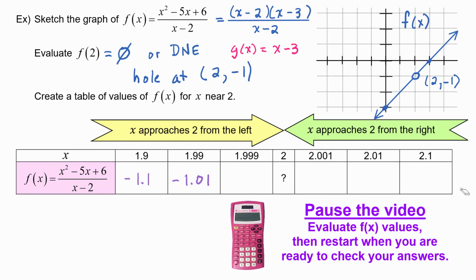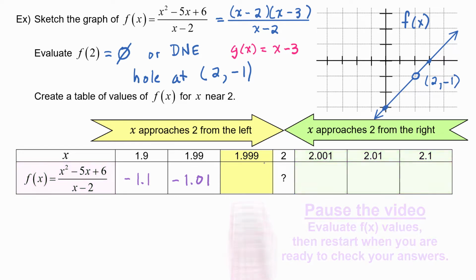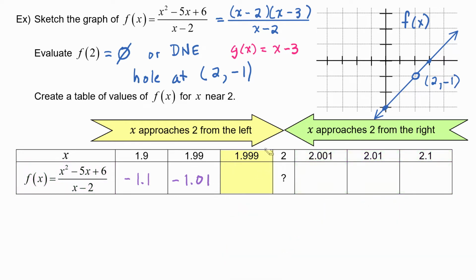Now pause the video, go ahead and evaluate these other four f of x values, then restart the video when you're ready to check your answers. When we plug x equals 1.999 into our f of x, you should have gotten negative 1.001.